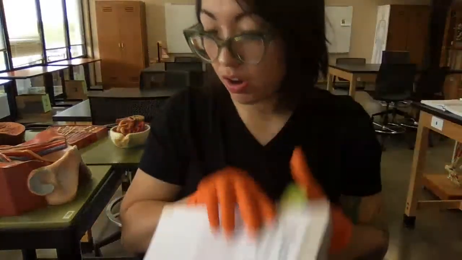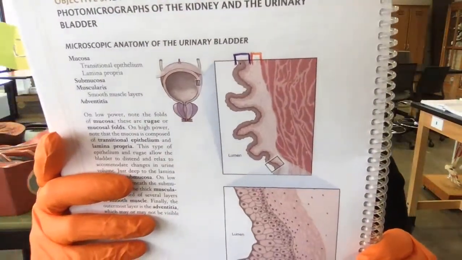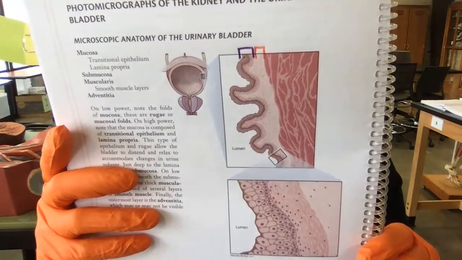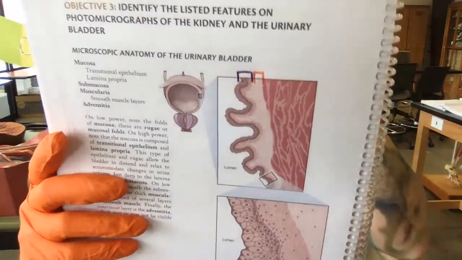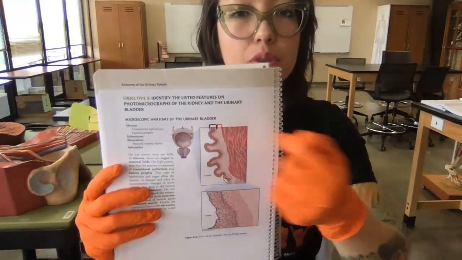And then this area right here, let me use a different color. This lighter area, which I have in orange, is going to be the submucosa. It's beneath the mucosa.